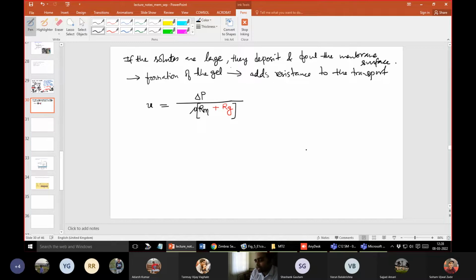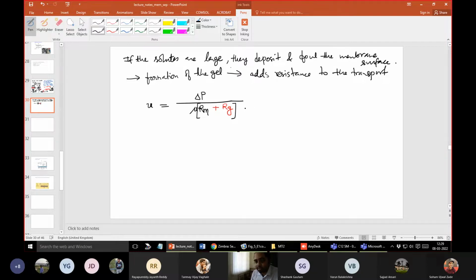Similar to Rm, this Rg can also be computed as a part of the filtration, and of course depends on the thickness of this gel layer, the porosity of this gel layer, the intermolecular solute interactions, and solute-membrane interactions. All these factors play a role. We'll talk about it in detail. The size of the molecules relative to the pore size of the membrane also affects the value of Rg.